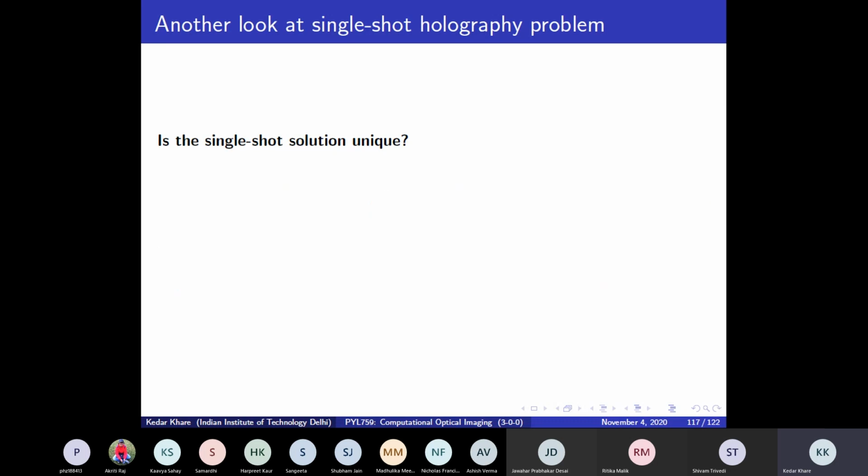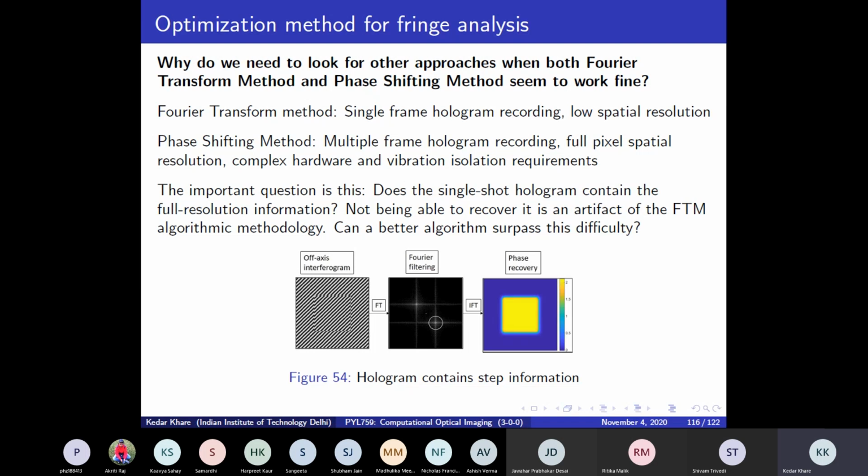For example, here when I talked about this interference pattern, the fact that I have recorded it and I have all the full resolution information in this interference pattern doesn't mean that I'm able to recover it, because all these years the most popular Fourier transform method cannot recover that information.